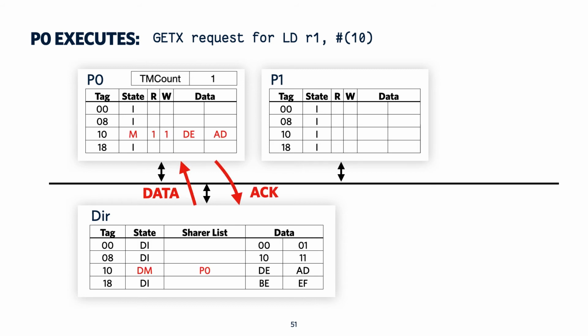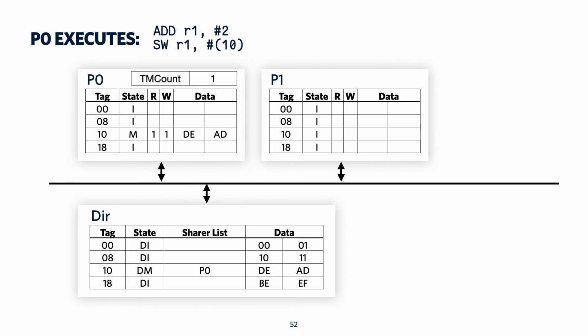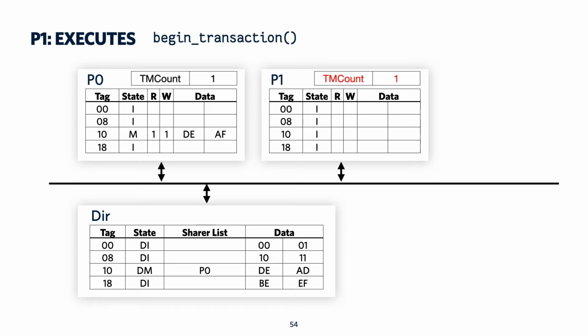So the directory provides the data to P0, and now P0 has the state of M because it's a GETX. So both R and W bits are set to 1. And now P0 makes some modifications and changes this to an AF.